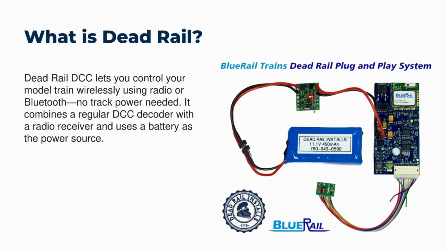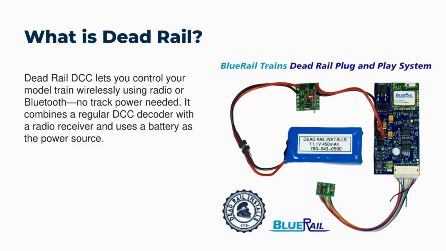Is dead rail DCC? And that gets into your Airwire and Revolution controllers and things like that. What that is basically, you're getting a radio signal from your handheld device, whether it's your phone or a physical handheld device is immaterial.